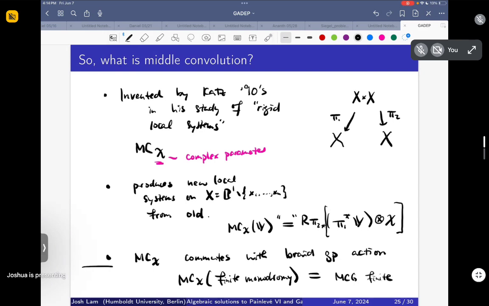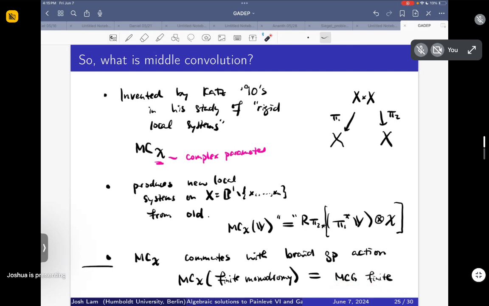Let me explain this a bit. As I said before, if you have a local system with finite monodromy, then it's automatically MCG finite. And because MC will commute with the braid group action, once you apply MC, it will still be MCG finite. It might no longer be finite monodromy, but we don't care about that. So this is a way to produce a lot of MCG finite local systems from old ones.